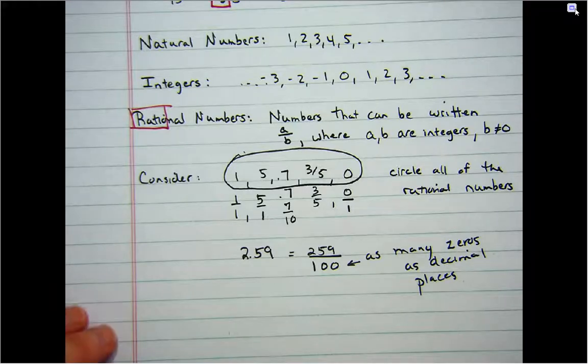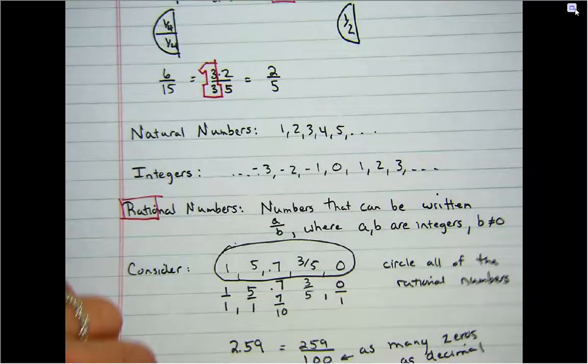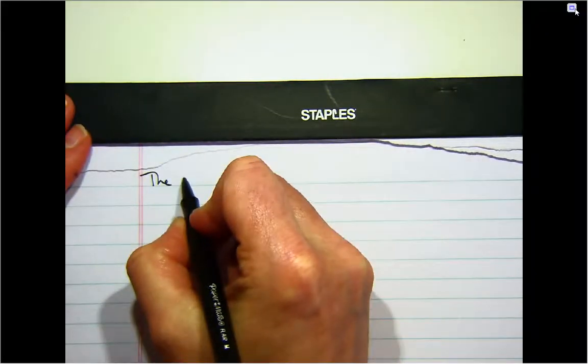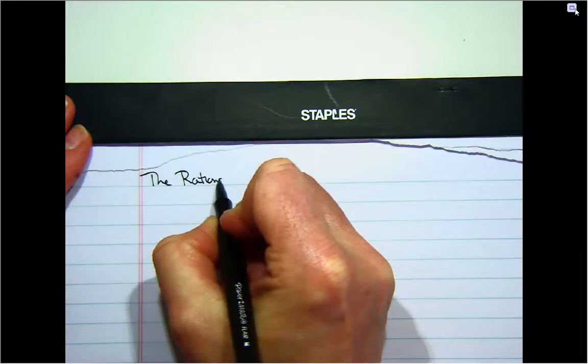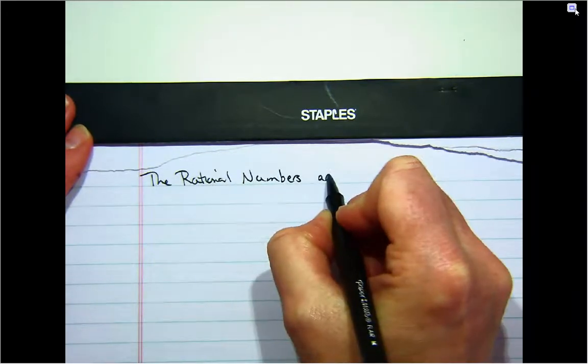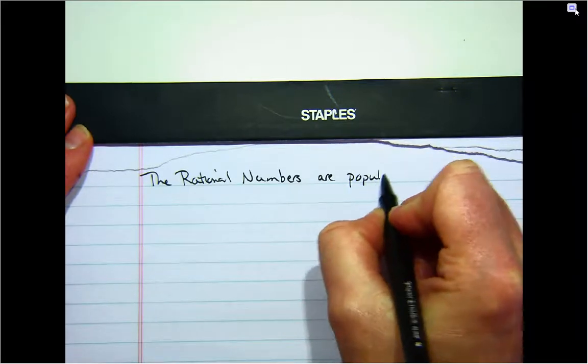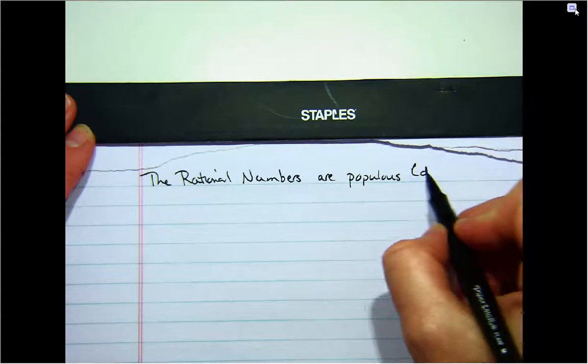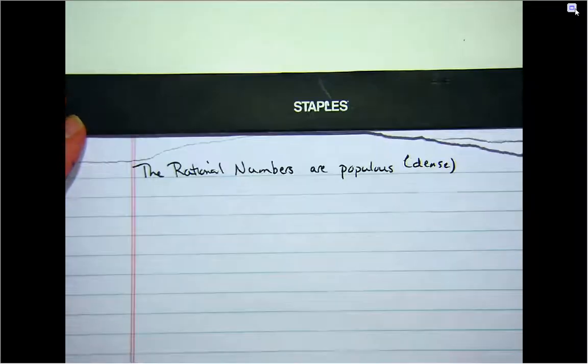Well, we're looking at the rational numbers because the rational numbers are populous. They're populous, or they're dense. There's lots of them. There's lots and lots of rational numbers.